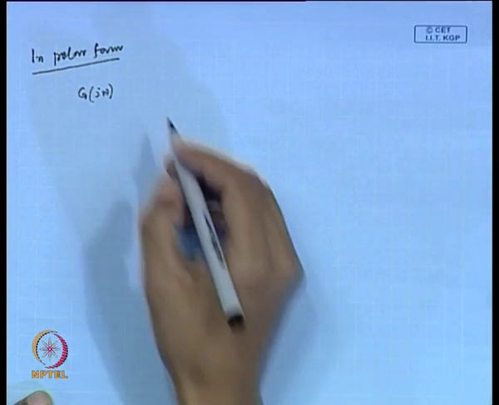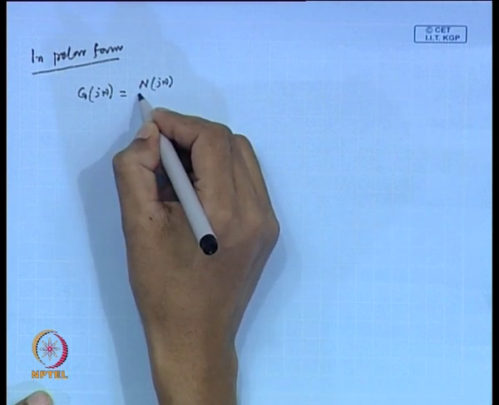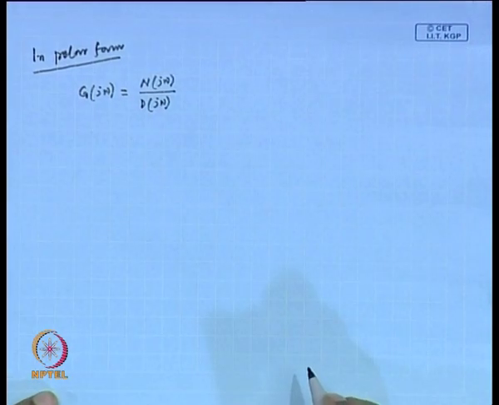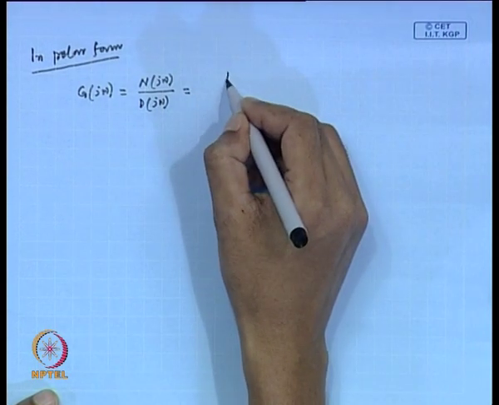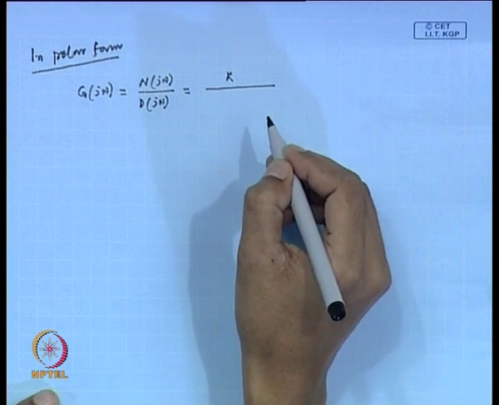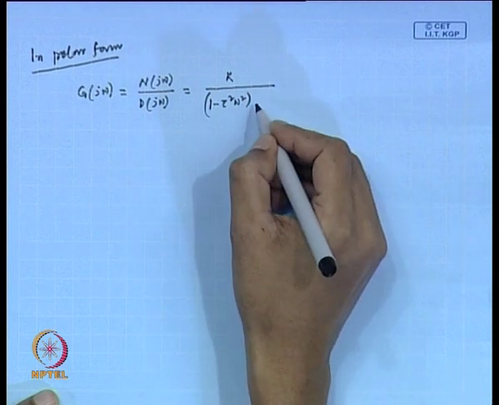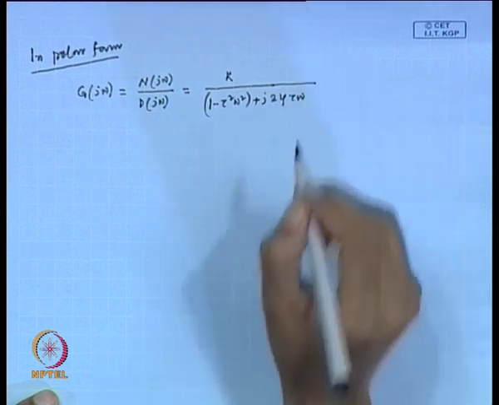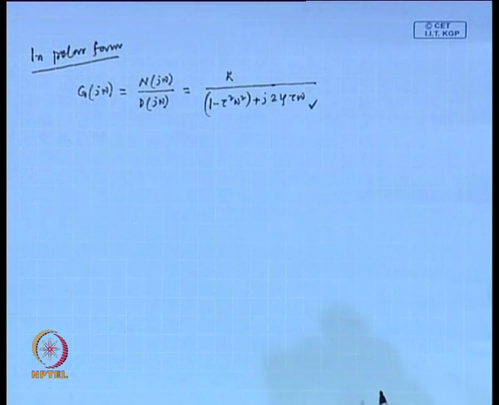So, first we write the frequency response transfer function as the ratio of numerator and denominator. We got this expression k divided by 1 minus tau square omega square plus j 2 zeta tau omega. This expression we got after substituting s equals j omega.